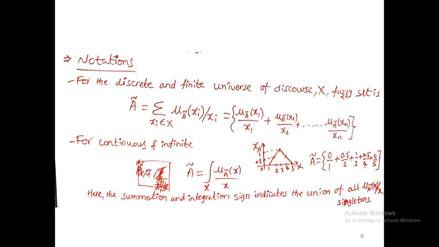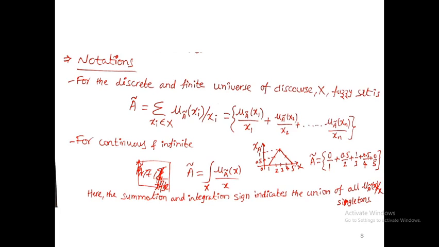For continuous and infinite universe of discourse, the fuzzy set A is represented, instead of points, continuously, right? Continuous means you have to integrate: integration of mu A of x by x. It means the complete triangle is obtained continuously, so the function values need to be represented, that's why the integration of mu A of x by x.